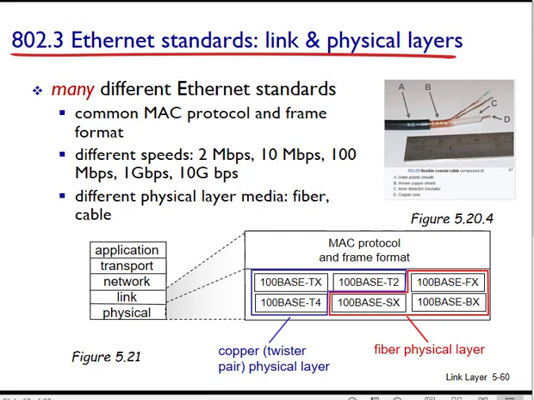Gigabit Ethernet is an extension to the highly successful 10 megabit per second and 100 megabit per second Ethernet standards, offering a raw data rate of 1,000 megabits per second. Gigabit Ethernet maintains full compatibility with a huge installed base of Ethernet equipment.